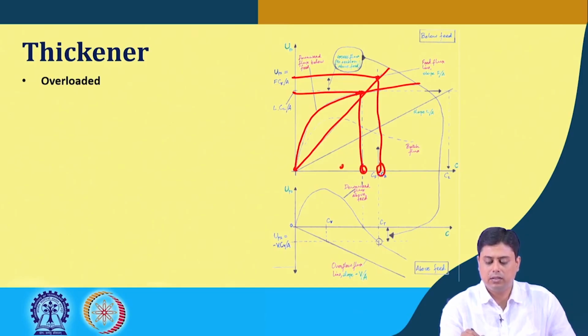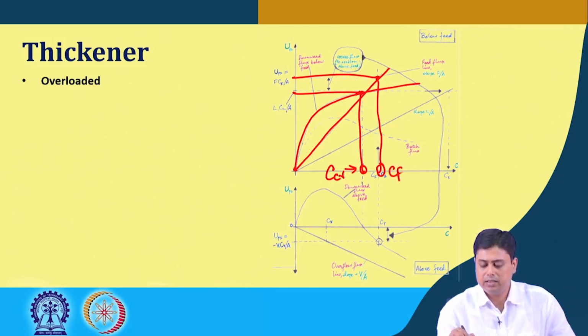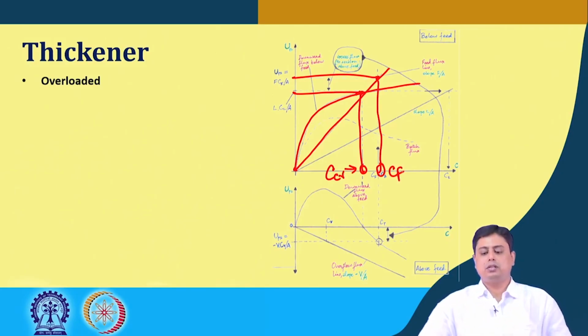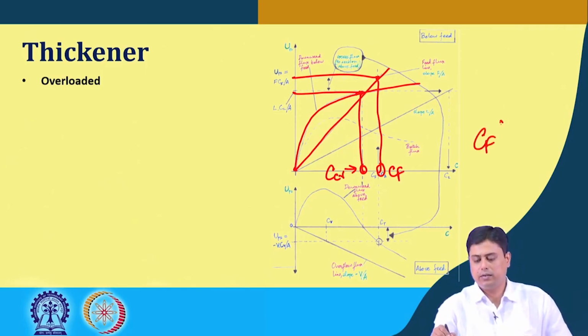Say this is the critical concentration Cr, and this is the Cf it is operating at, in excess of that.